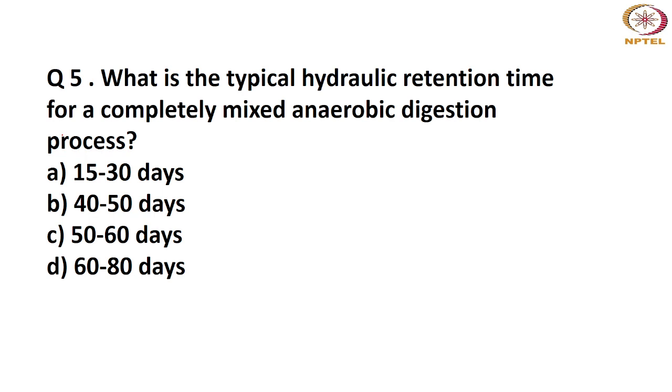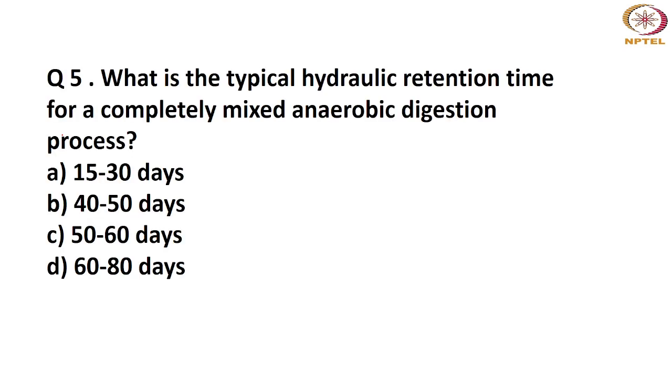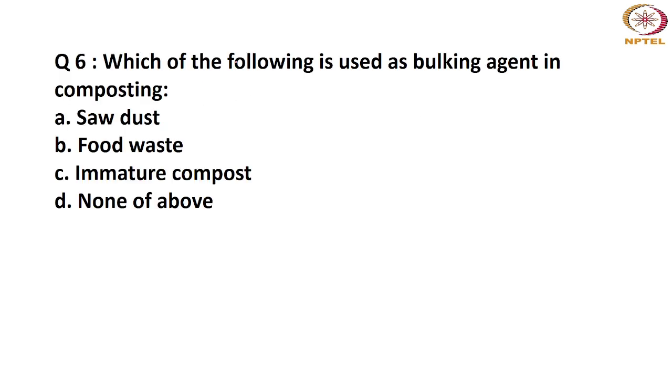The correct answer is A, that is 15 to 30 days. So we need to keep at least 30 days for this hydraulic retention for the mixed anaerobic digestion process. We'll move to the next question, question number 6. It is related to which of the following is used as a bulking agent in composting.